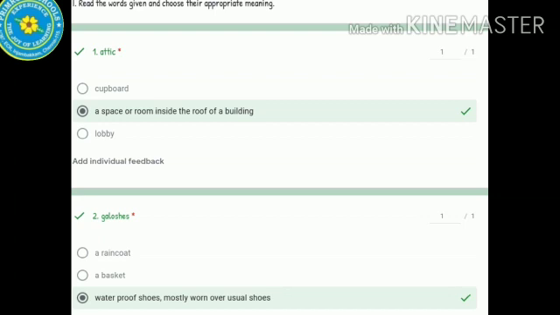What are galoshes? Waterproof shoes mostly worn over usual shoes. Did you see those shoes worn by Lata in the story? Yes, right. Those shoes are called galoshes.